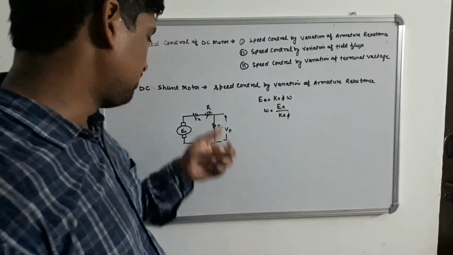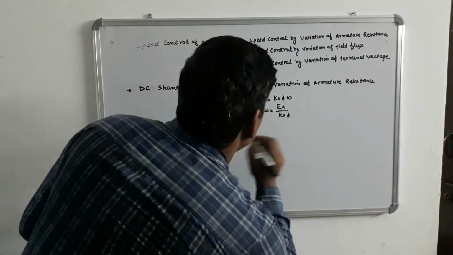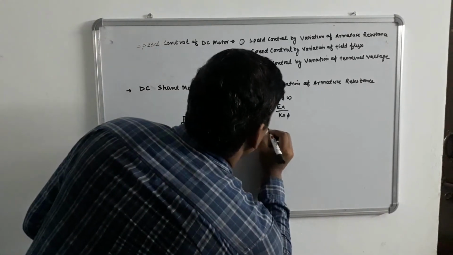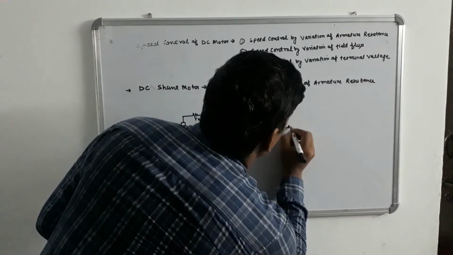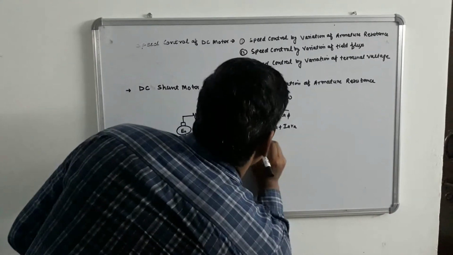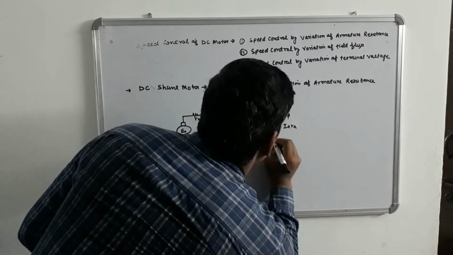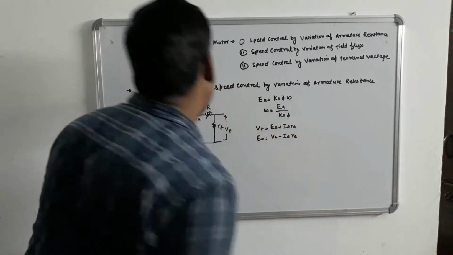Then we apply KCL at this terminal. VT is equal to EA plus IA RA. Then EA is equal to VT minus IA RA.